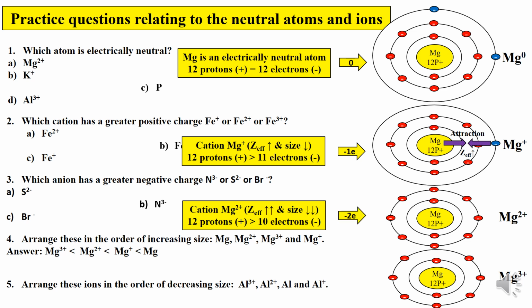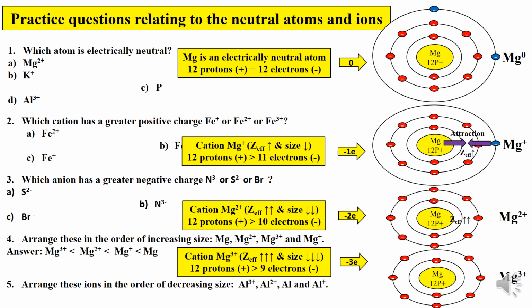Further loss of one more electron leads to the generation of Mg2 plus cation. Further the effective nuclear charge increases and there is a further decrease in the size, and after losing one more electron, there is a further increase in the effective nuclear charge, and thereby the size further reduces. As the number of electrons decreases, the effective nuclear charge increases, and thereby the size decreases.